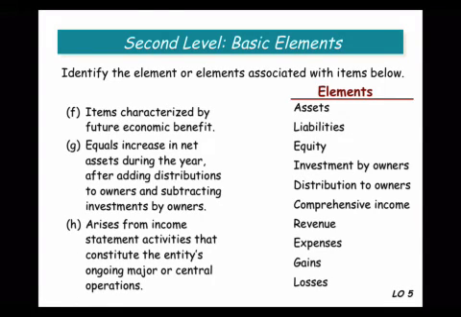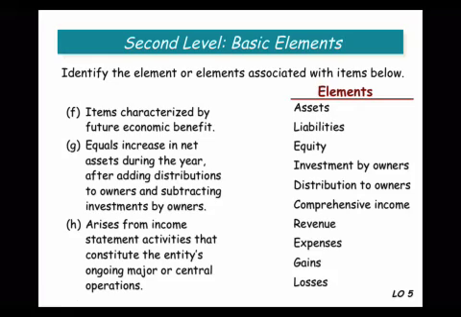F says items characterized by future economic benefit. That's assets. Things that we own that are going to give us a future benefit. G equals increase in net assets during the year after adding distributions to owners and subtracting investments by owners.